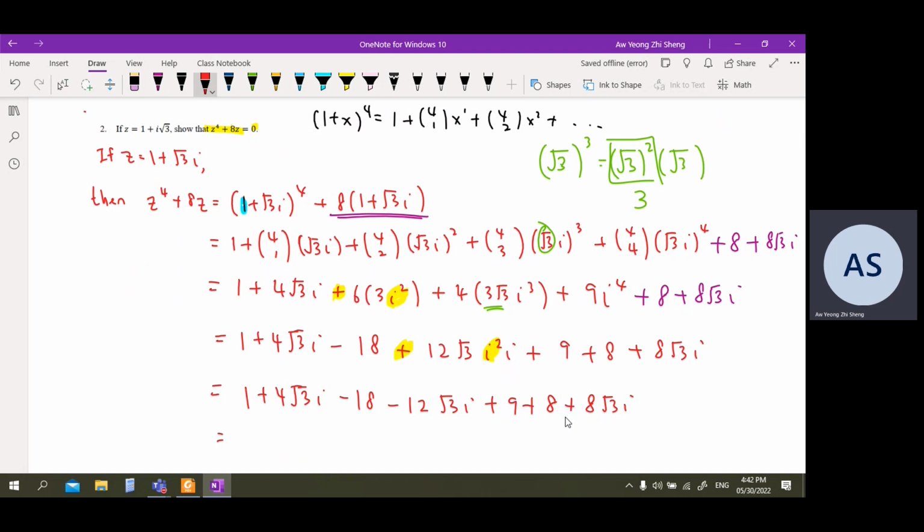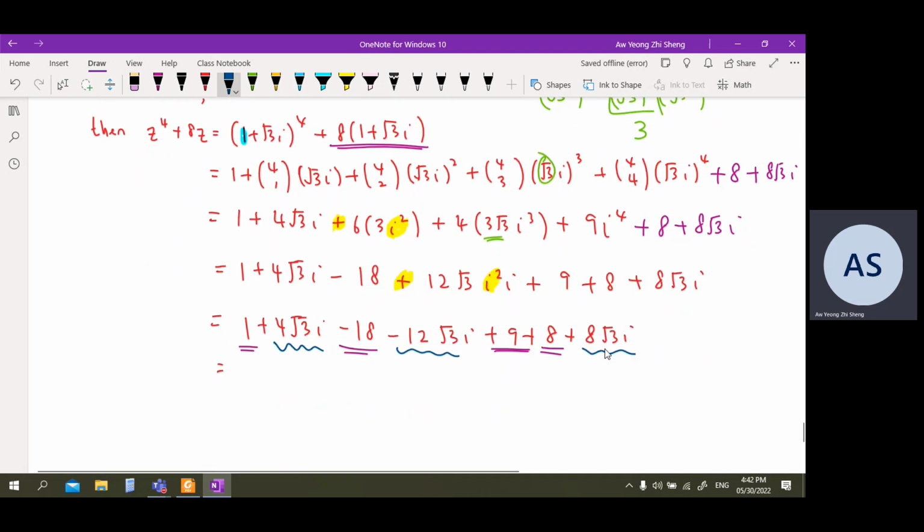Okay, now we hope to get a 0, and let's check whether we do get a 0 there. The term without i, I have 1 minus 18 plus 9 plus 8. Pressing a calculator, you get a 0, so that's good. And the remaining terms that contain i, I have 4 i cubed minus 12 i cubed plus 8 i cubed. That gives me a 0 coefficient. So yeah, we do get a 0 at the end.